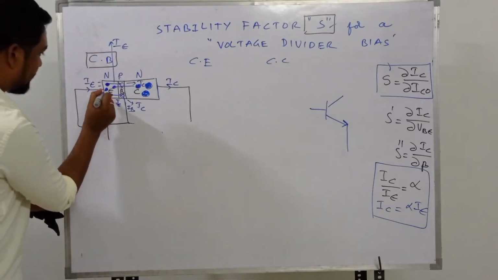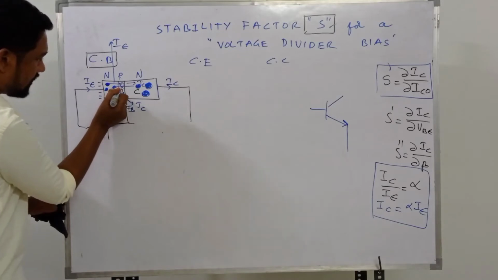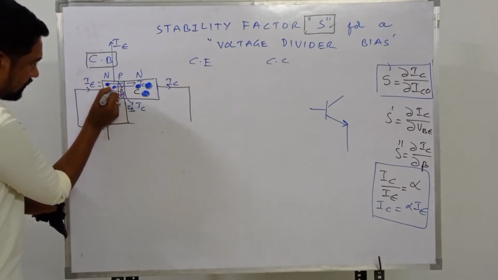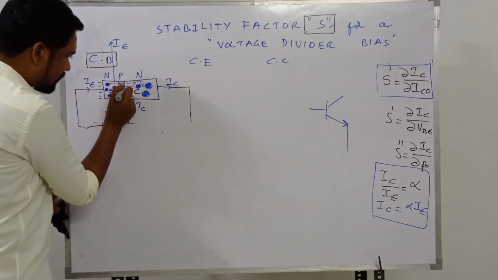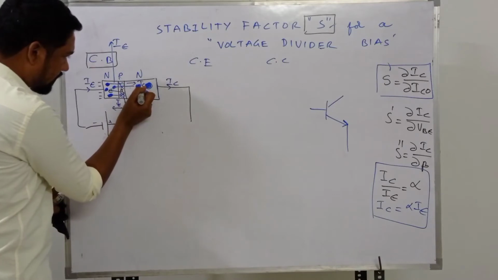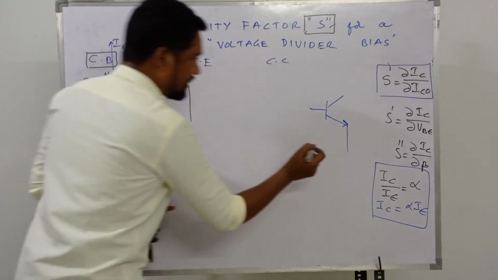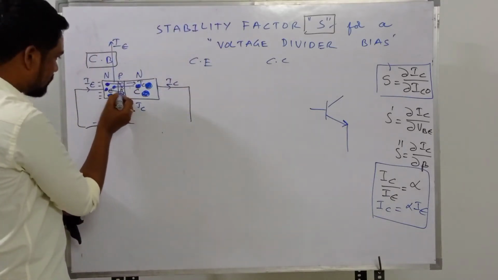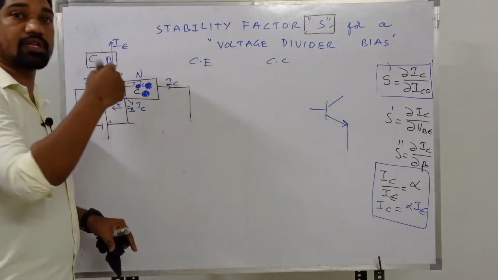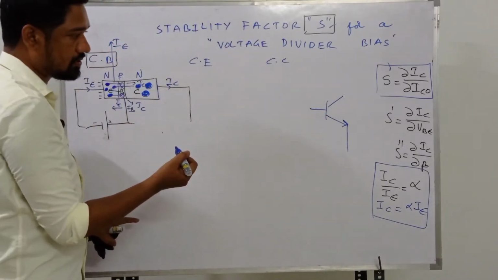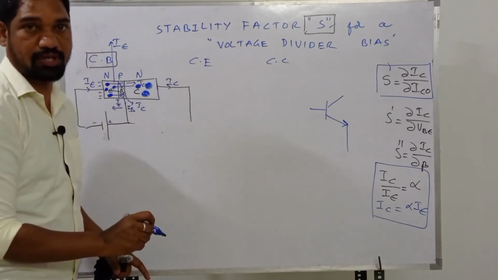Here electrons move towards the base, so holes will move from base to emitter, right? Even over here, electrons are from base to collector, and holes will be coming from collector to base. So holes go from base to emitter. The arrow mark indicating the current flow in the circuit on paper will be indicating conventional current, not the electron current, right?